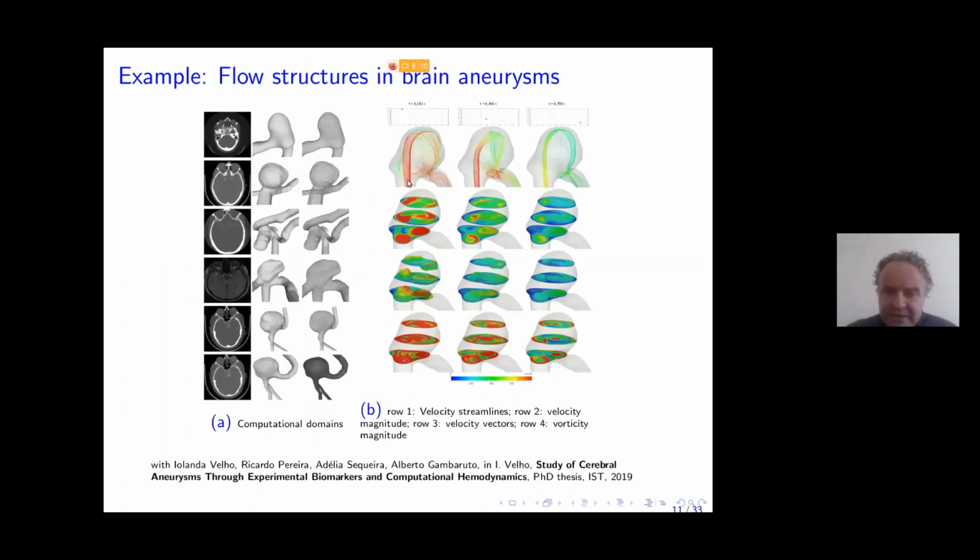You see, here when we have the streamlines and we want to understand what happens with these flow structures, close to the wall we never have much information. Why? At the wall, we are fixing the velocity to be either equal to the displacement of the wall or zero.